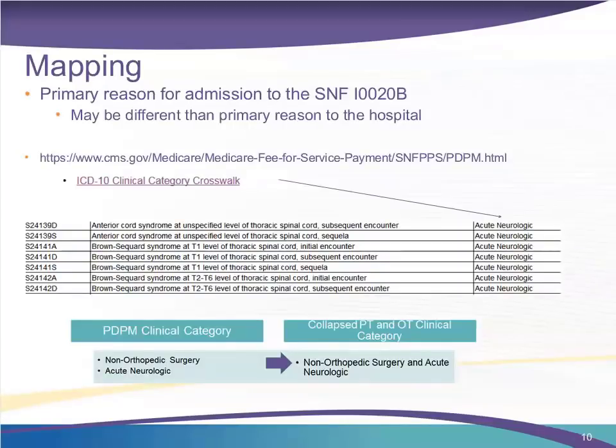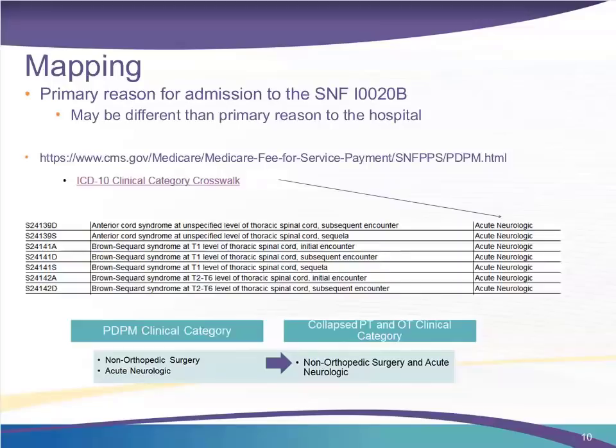So on the left-hand side is the diagnosis code. The middle section tells us what that diagnosis code means. And then on the very right-hand side, you can see it tells us what category that patient would fall under. So in this case, if a patient were to come to us with S24141D, which would be appropriate because D usually means a subsequent encounter, and a lot of therapy and healing occurs with a D code.